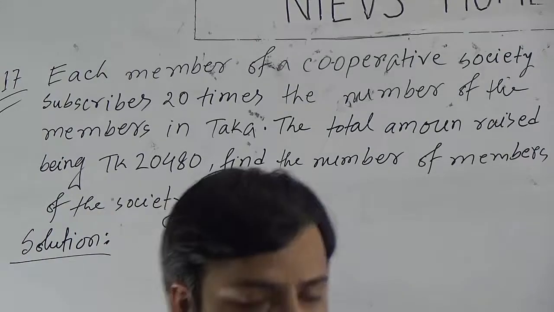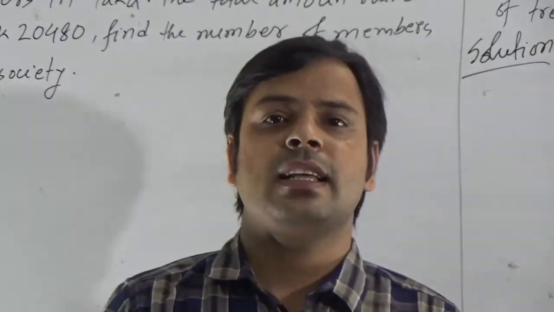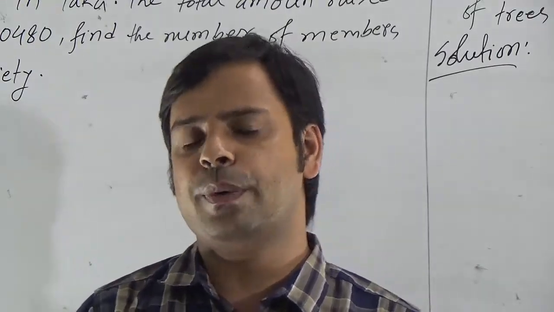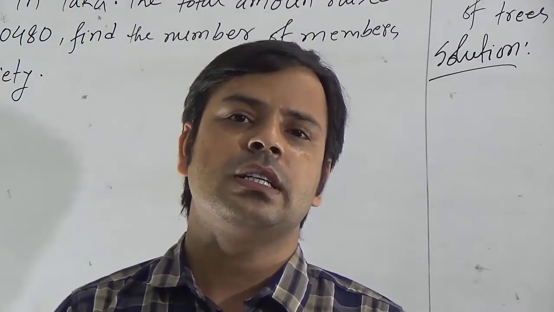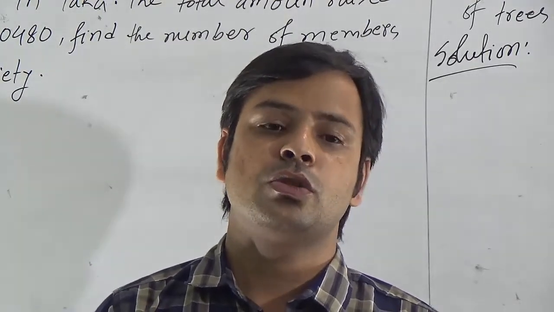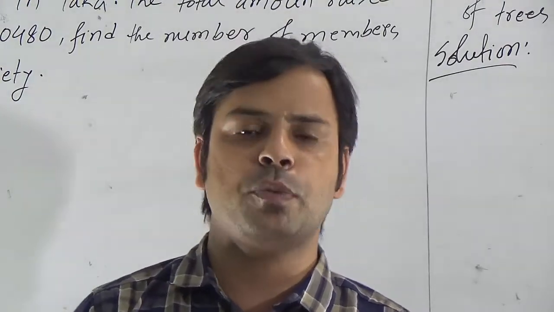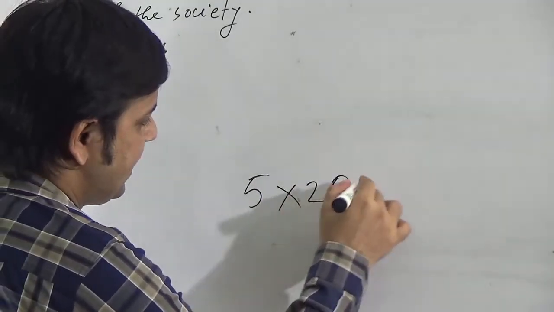It means, students, that the members of a cooperative society subscribe the amount 20 times the number of members. Suppose there are 5 members and each member subscribes 20 times 5.